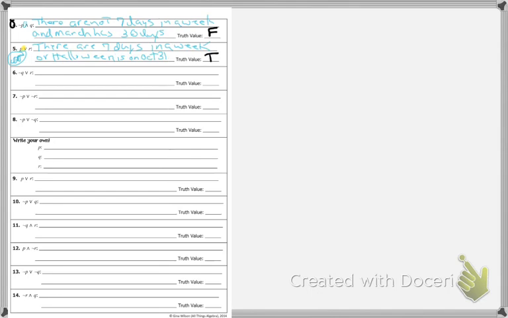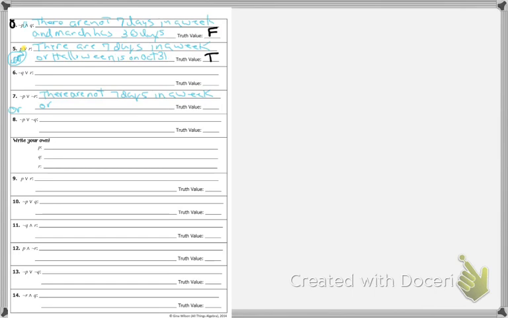Let's do number 7. Number 7, not P or not R. So I'm going to do the opposites of both the P and the R. So P says there's 7 days in a week, so I'm going to say there are not 7 days in a week, or not R. R says Halloween is on October 31st.